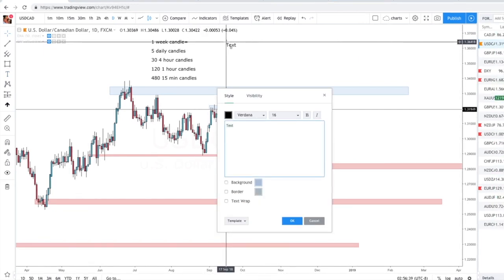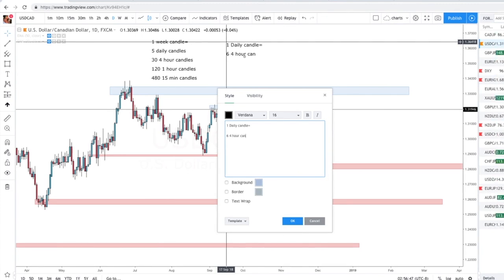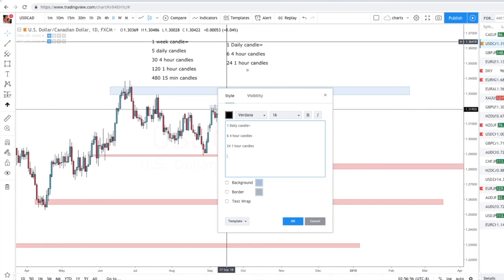And then a daily candle has 6 4-hour candles, 24 1-hour candles, and 96 15-minute candles.